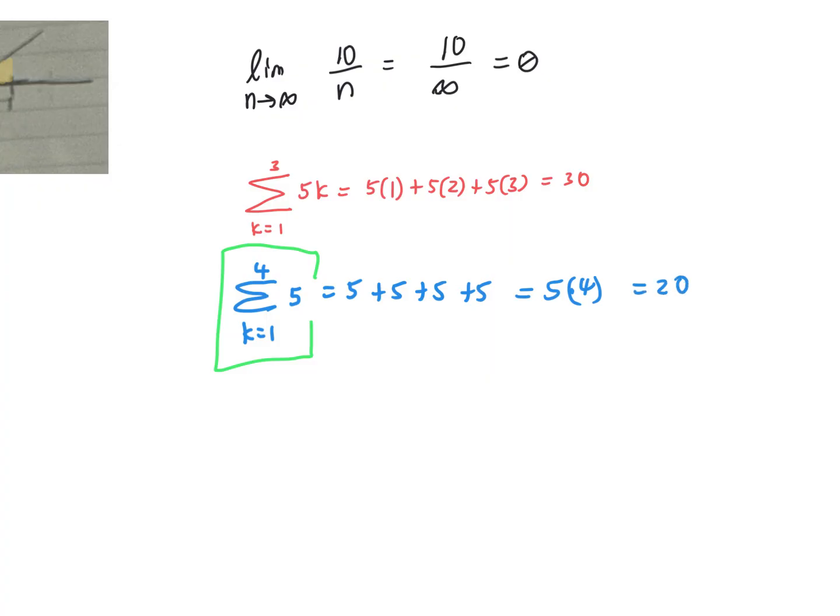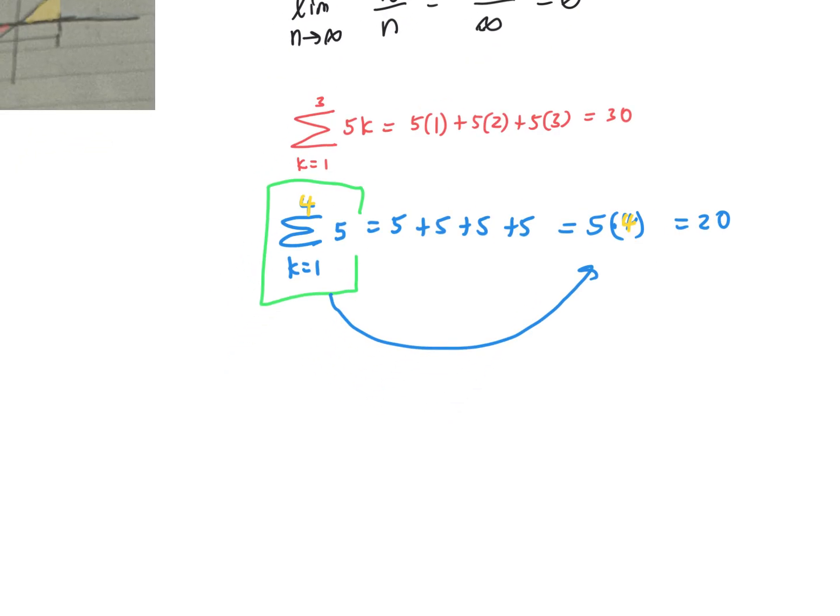But notice how you have this, we'll call it the yellow 4 up top. Well, that's right here, okay? So any time you're doing this sort of summation with a constant, you can just cut to the chase and say that it's 5 times whatever that number is up there. Okay, so that's going to be a thing.